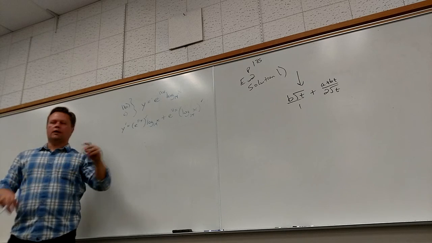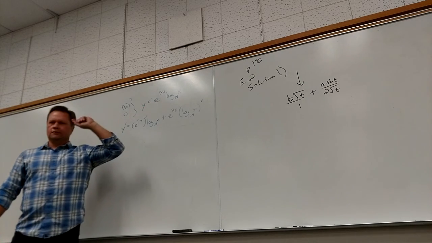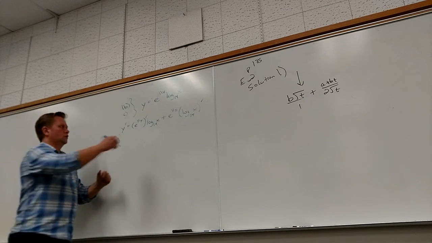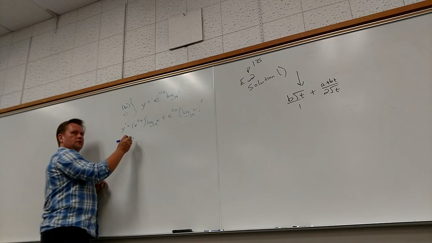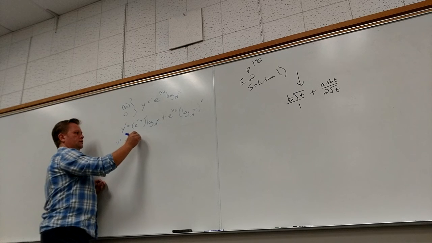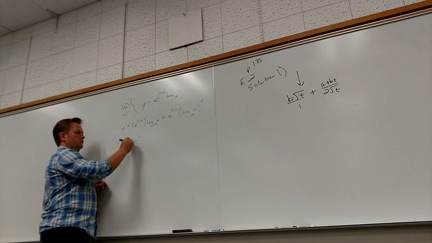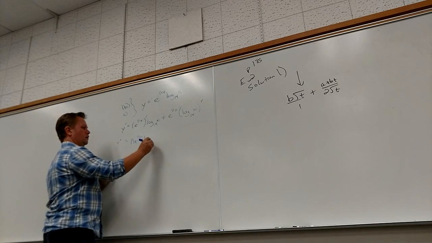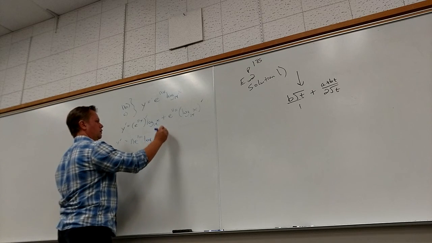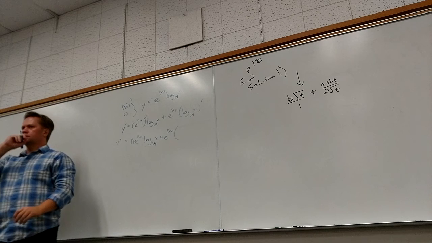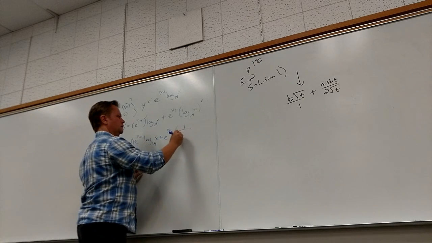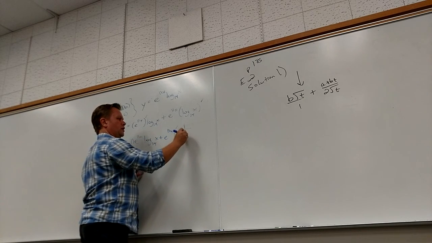I know the derivatives of both of these. Hopefully. So what is the derivative of e to the 11x? E to the 11x times 11. What's the derivative of log base 14 of x? 1 over x ln 14.